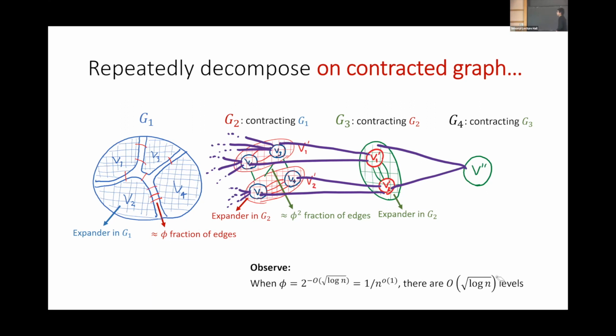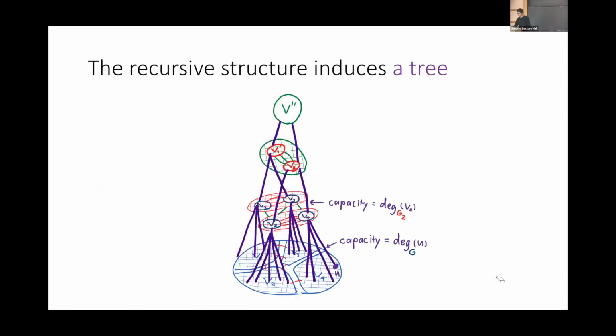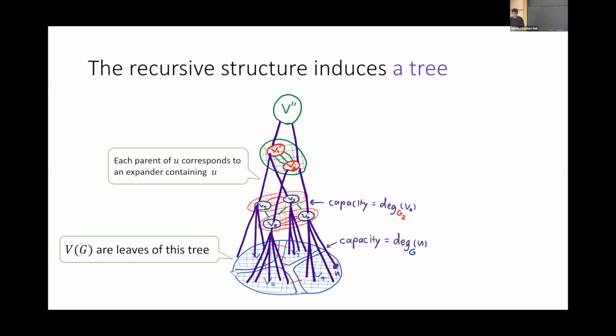So this decomposition gives a tree where the leaves are the original vertices of the graph, V of G, and the parent of a node u corresponds to an expander that contains it.